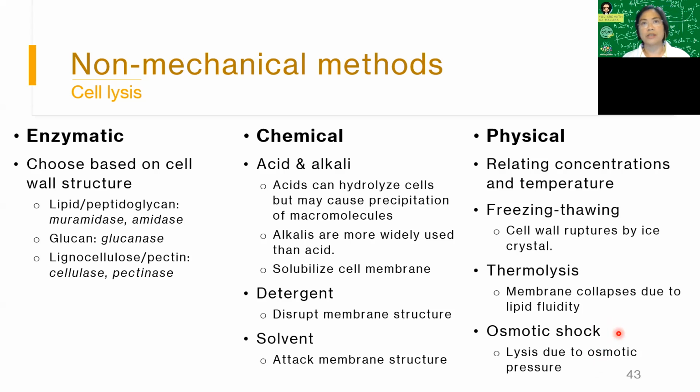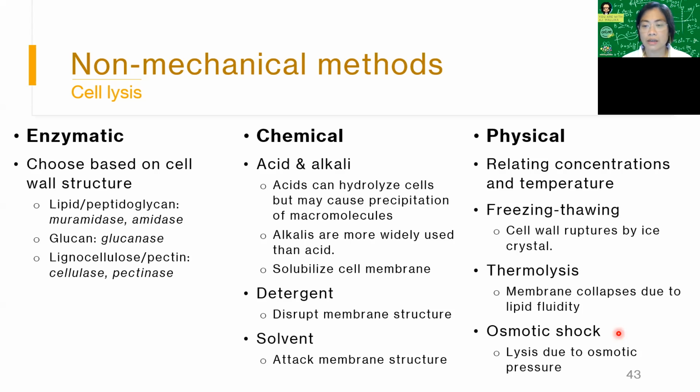Osmotic pressure happens when the inside and the outside of the cells have very different salt concentrations. A higher concentration on one side will cause water to go through the membrane, like osmosis. So if you put the cells into a hypotonic solution, the water from outside will enter the cells and cause them to explode.